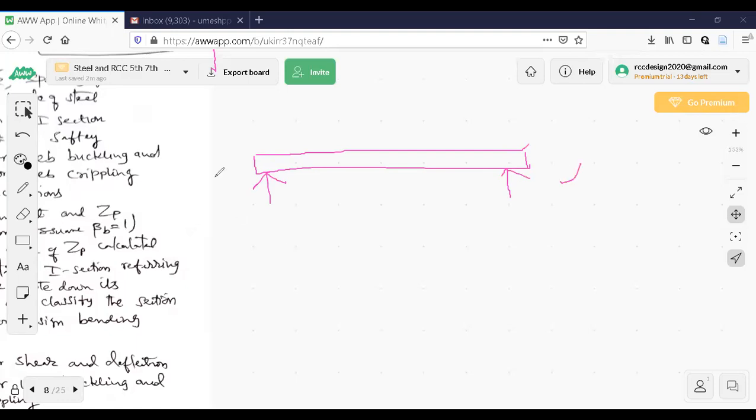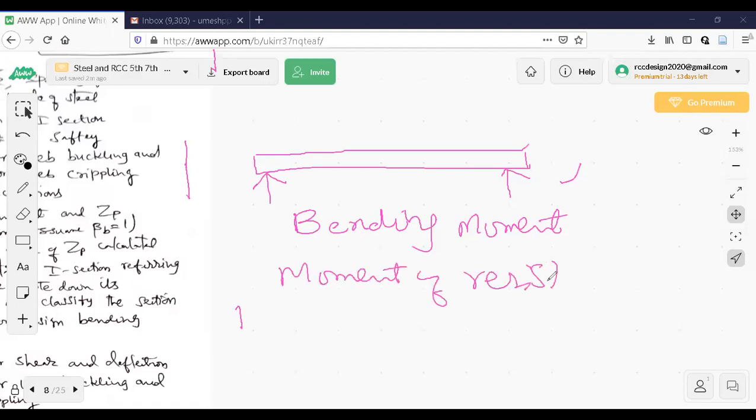Now observe here. I'm trying to use one new pad here. Then I will write moment of resistance.